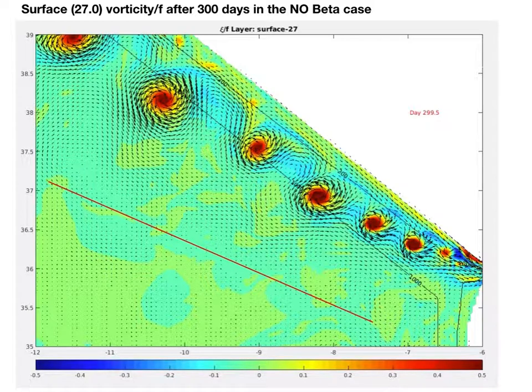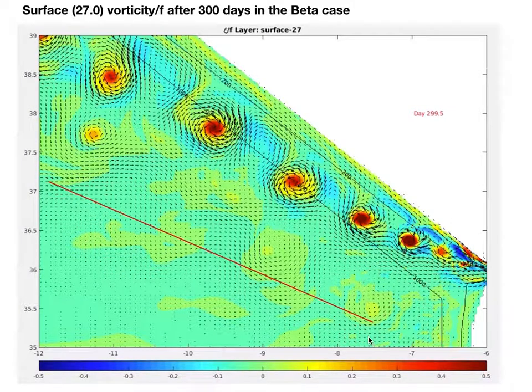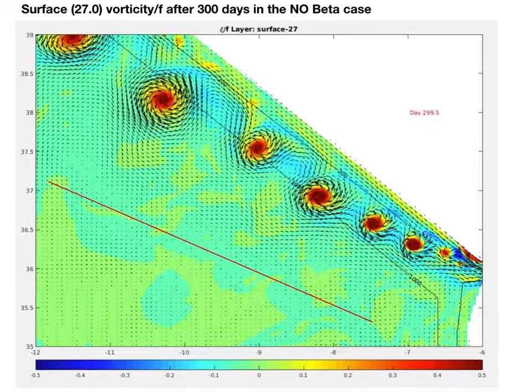So these should be driven by topographic beta, and also by interactions between eddies. So we don't have the formation of this offshore flow right at the beginning in the case of no planetary beta.